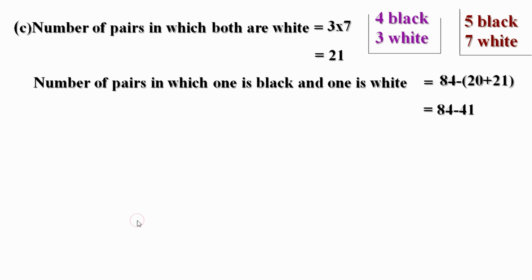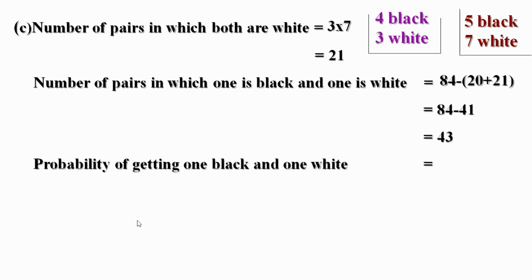That's equal to 84 minus 41, and that is equal to 43. That means altogether there are 43 pairs in which one bead is white and the other is black. So the probability of getting one black and one white is 43 by 84.